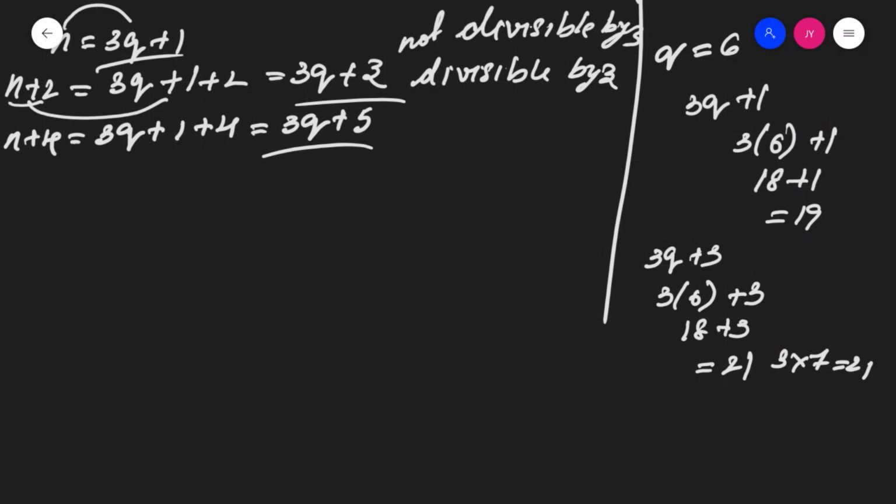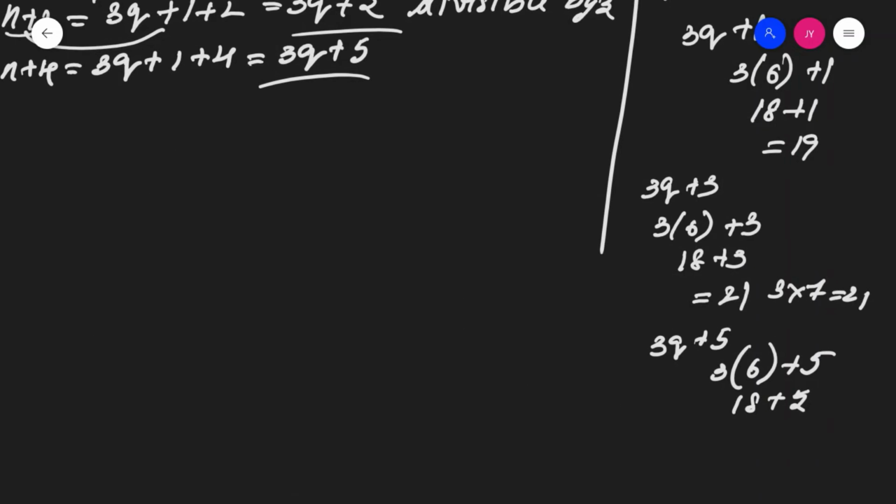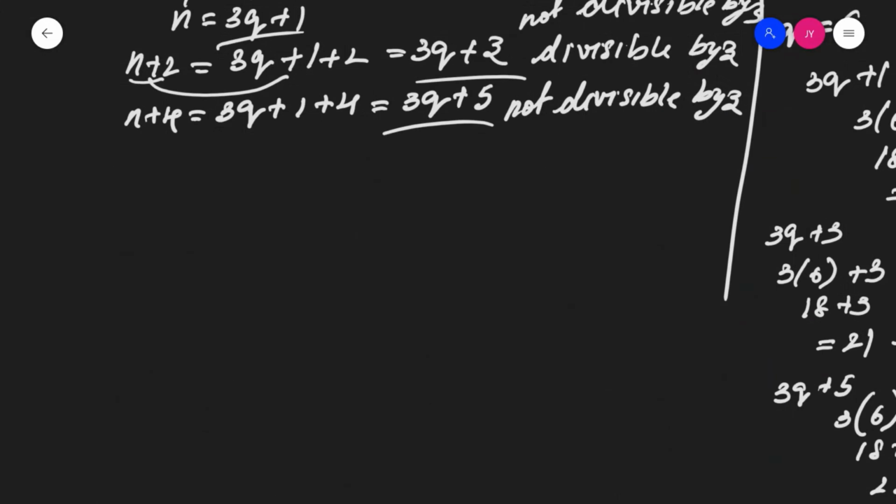Next, the final one, 3q plus 5. 3 into 6 plus 5. 3 into 6 is 18 plus 5, 23. Is 23 divisible by 3? No. So 3q plus 5 is not divisible by 3.